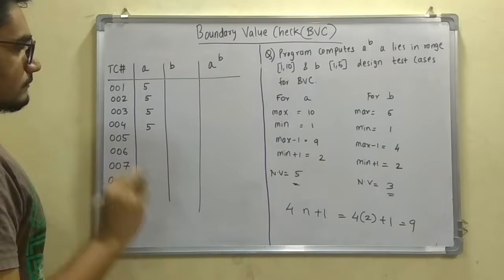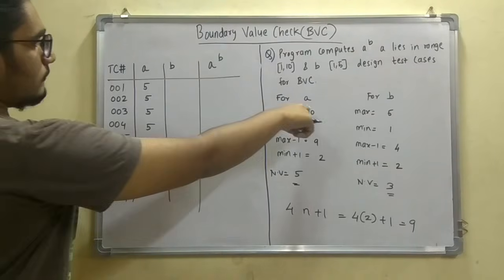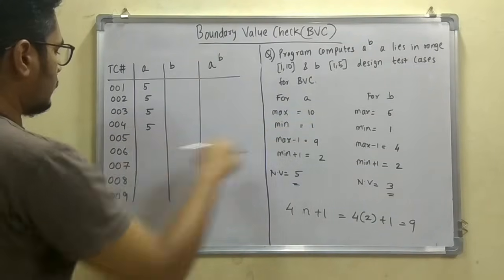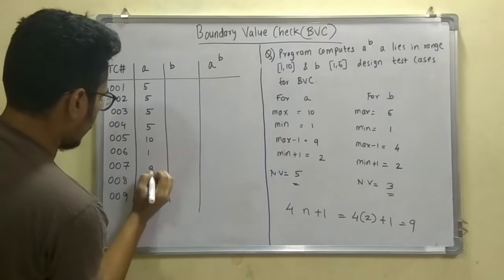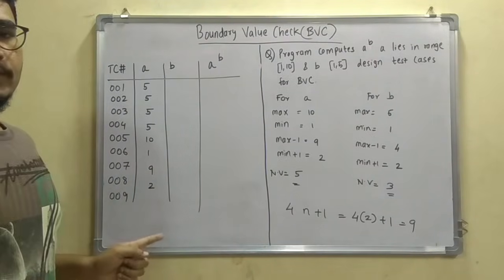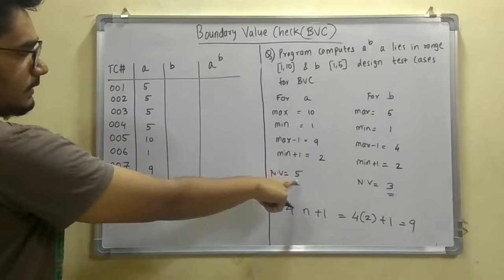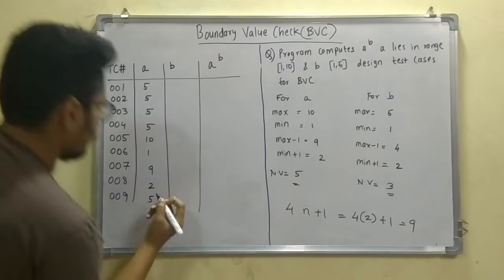Next we write these values, that is 10, 1, 9 and 2. And this final value is replaced by the nominal value, that is 5.